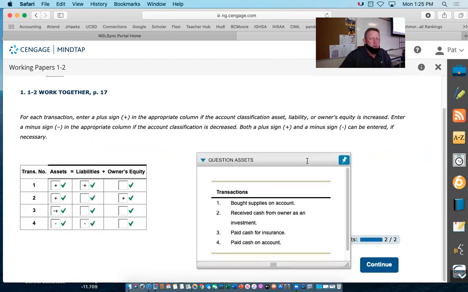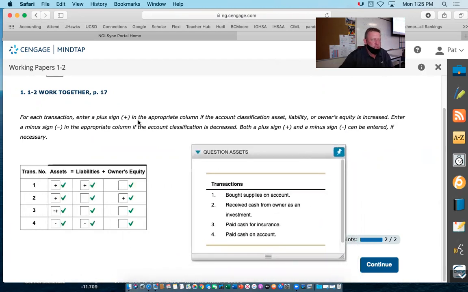That's all right. But it says for each transaction, put a plus in the appropriate column, minus in the appropriate column. This shows a decrease or an increase. So these are 5 transactions we learned. It says bought supplies on account. What 2 accounts are being used?